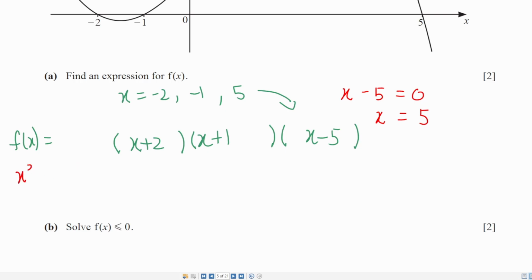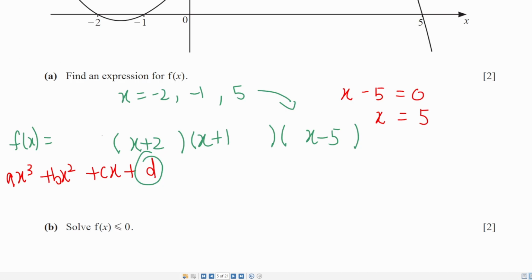So we know that cubic graphs are in this form: ax cubed plus bx squared plus cx plus d. Now in order to get our y-intercept, our x must be equal to 0. And when our x value is equal to 0, 0 times anything will always be 0. So the value which will give us our y-intercept is actually d in this case.